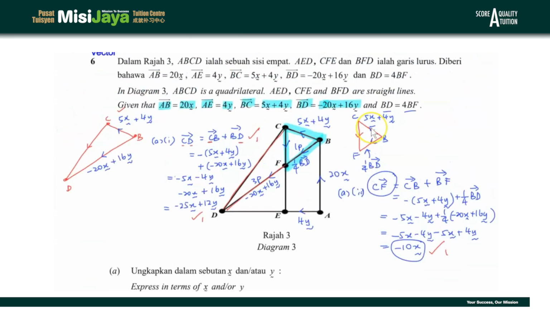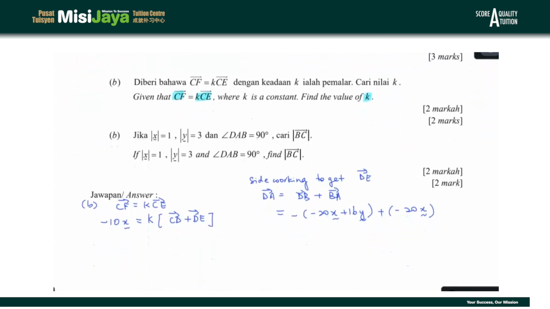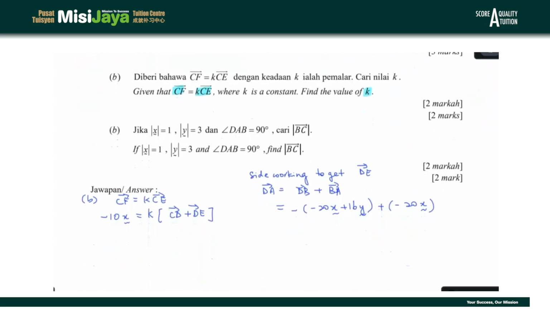BA is here, right? Opposite direction. If it's A to B, then it's 20x. If it's opposite direction, from B to A, then it will be negative 20x. We just have to change the sign from positive to negative. So it's negative 20 here. Understand?